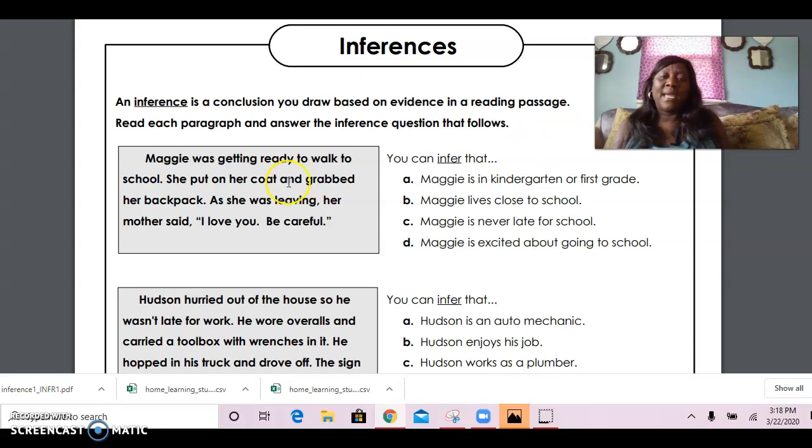So when I go back and look at B, Maggie lives close to school, I'm going to say that B is the correct answer choice. Because she lives close to school, her mother is allowing her to walk to school. Is that what you were thinking also?